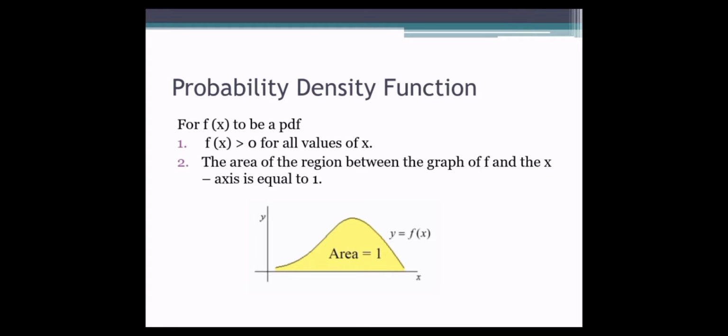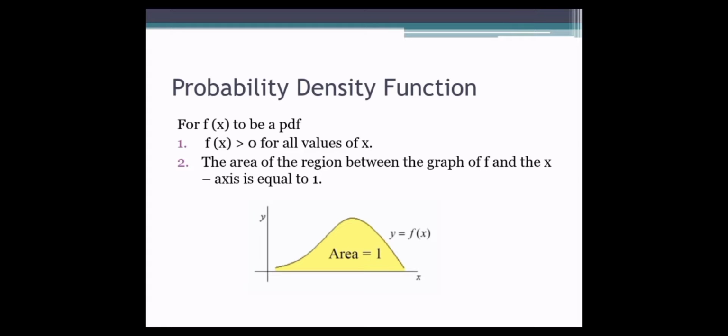Next is the probability density function. For f of x to be a PDF, first, f of x is greater than 0 for all values of x.